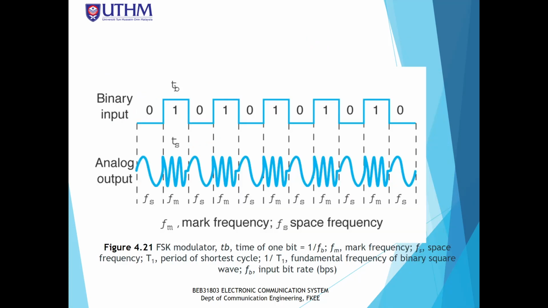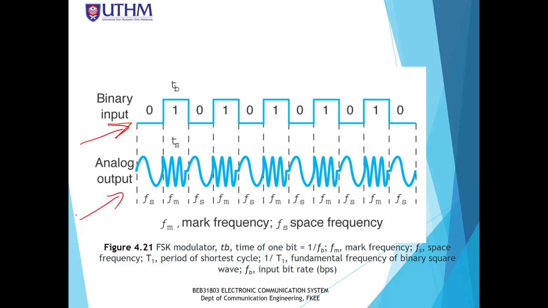Okay, and this shows the input and also the FSK output. Above here is the input PCM code word, PCM binary input, and below is the FSK waveform. Remember, input logic 0 will produce an output of low frequency, and input logic 1 will produce high frequency at the output.